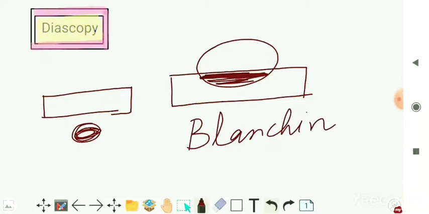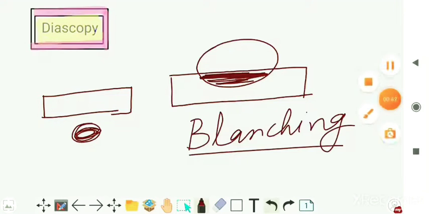The blanching will occur, and this portion which is not pressed by the slide will appear normal. And now we will differentiate nevus anemicus from nevus achromicus.